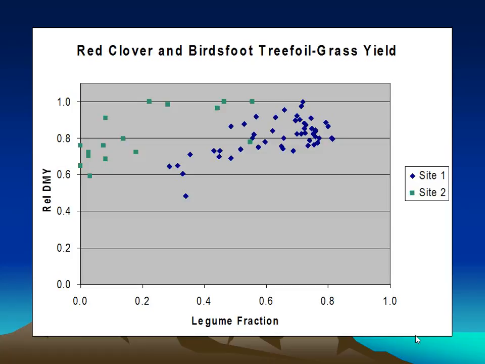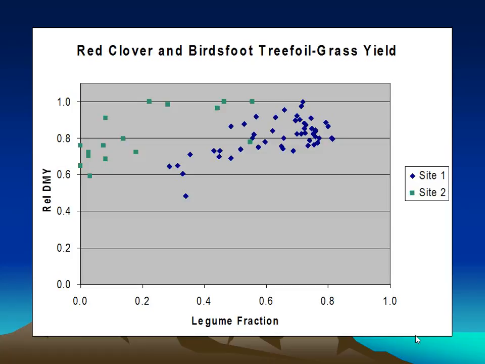But on this site that was previously cropped, there was no organic matter in the soil. And so there wasn't any nitrogen from organic matter for the grass. So the legume is doing real well, and if I don't have much legume in there, then the grass is doing really poor.